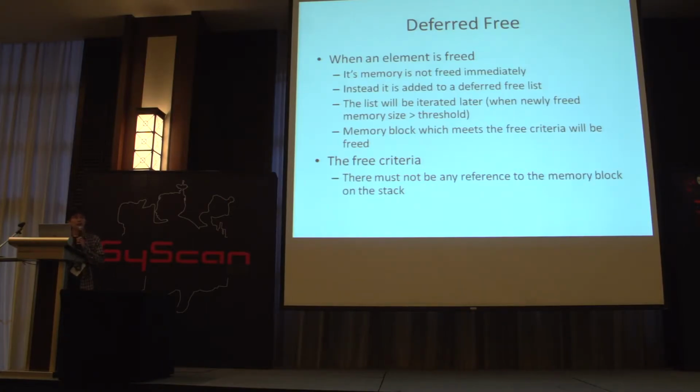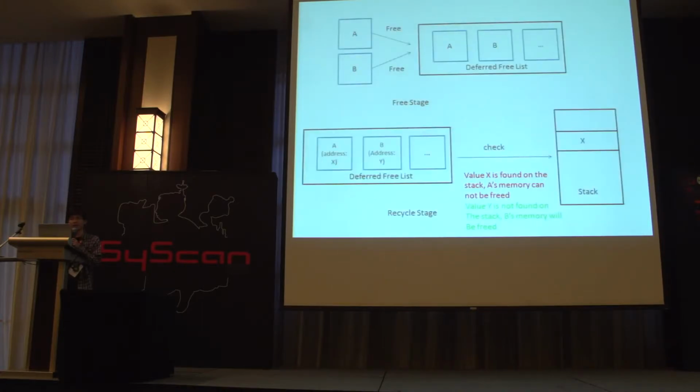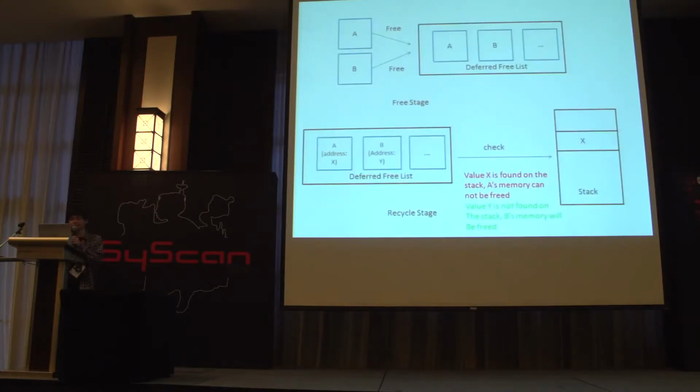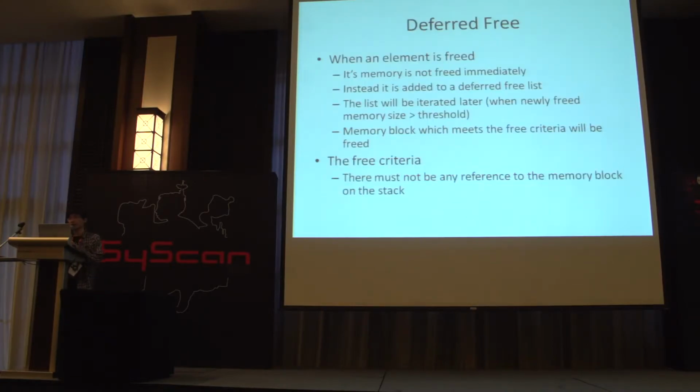And later, the memory protector will go through the deferred free list and try to free the heap blocks in the list. And for each block in the deferred free list, memory protector will try to check whether it is safe to free this block now.